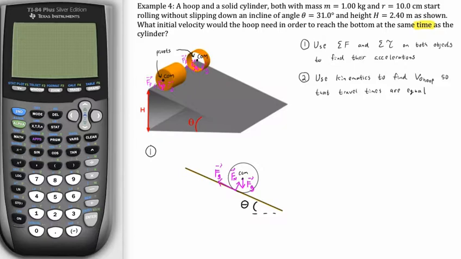All right, so let's look at our sum of forces first. We have our sum of forces in x, our sum of forces in y, and then our sum of torques about the pivot.